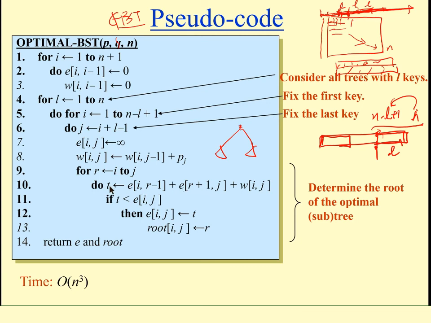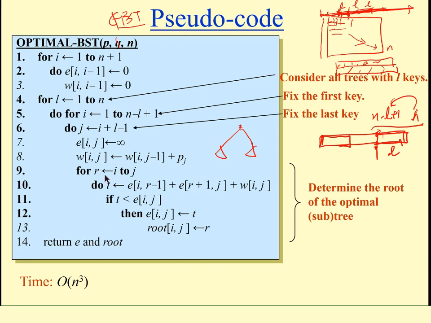So this we put as t, a temporary value, because we want to compare this one with the previous E(i,j), because we loop over all of the R, so we search the minimum. This one calculates the minimum. Every time we examine whether the current one is smaller than the previous one.